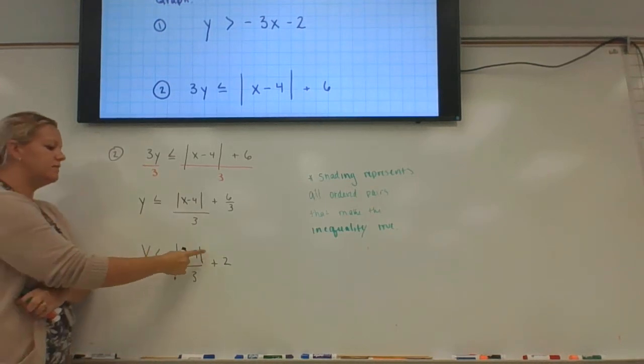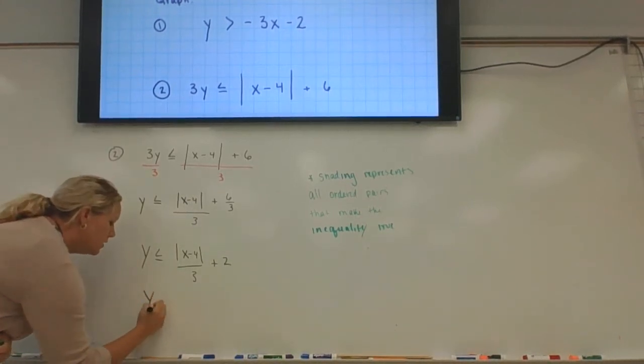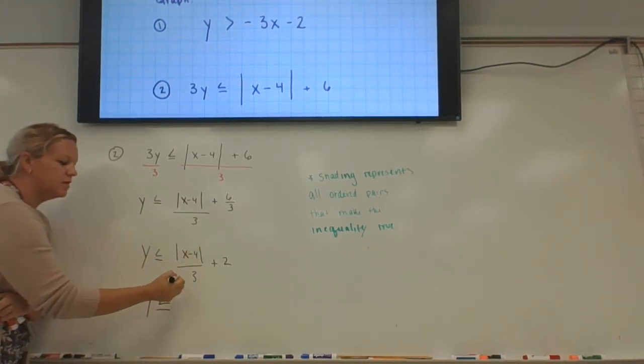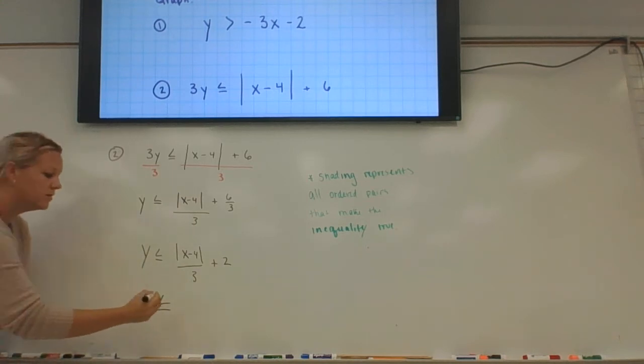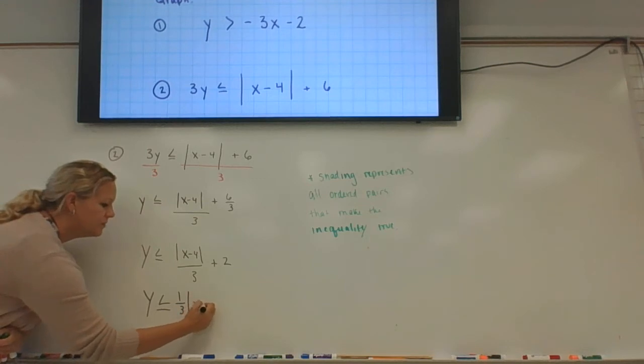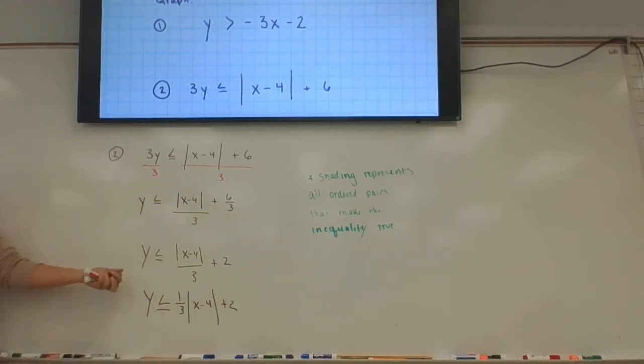Instead of having this divided by 3, it's the same as multiplying by 1/3. So an easier way to write this so that we can get set up to graph is, instead of the absolute value of x minus 4 over 3, I can just write 1/3 in the front, and that's the same thing math-wise.